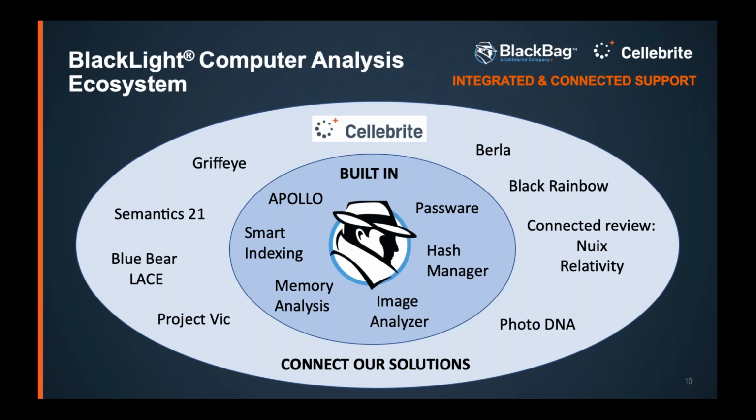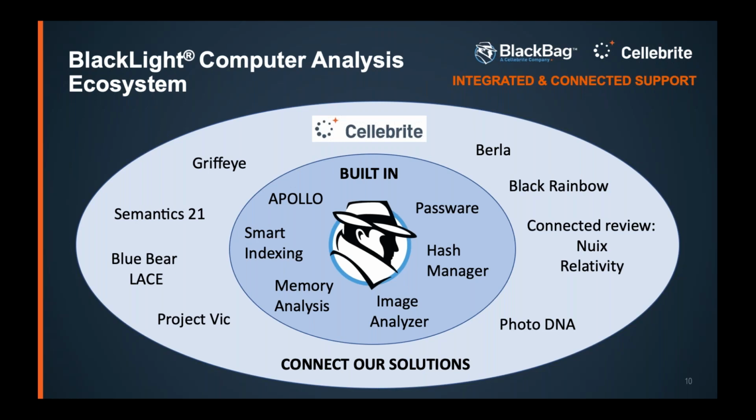It includes things like Apollo that we've mentioned, smart indexing, memory analysis, image analyzer, Passware, all things I've touched on already. And then just as importantly, around the outside in the lighter blue area are all of the other tools that we support, that we can ingest evidence items from, or export to.